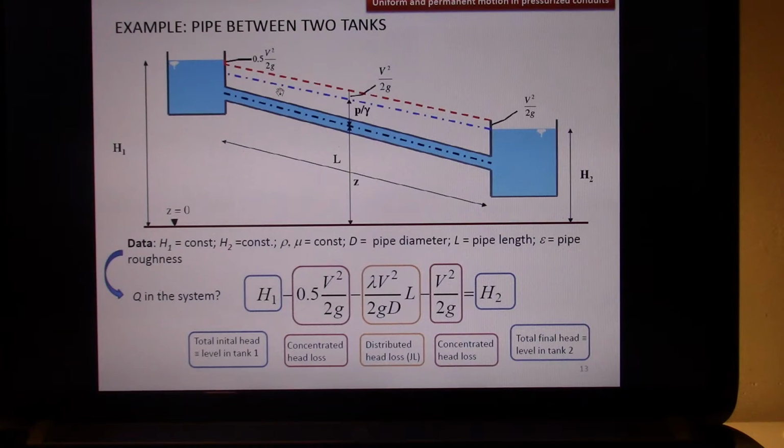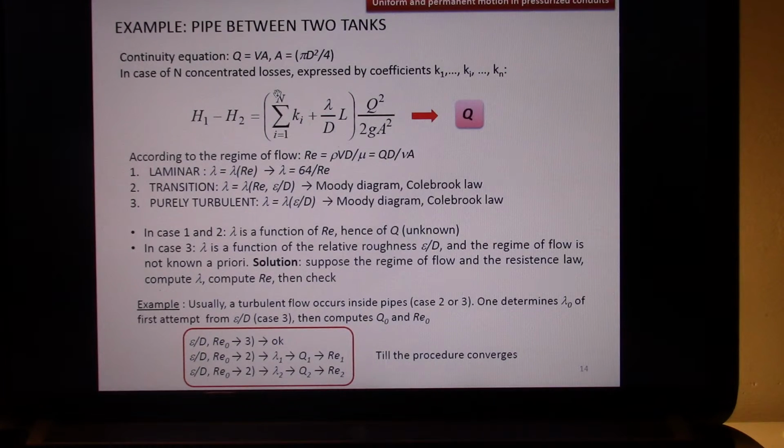But if no one told you the kind of flow that is inside your pipe, well, you have to make some assumption.